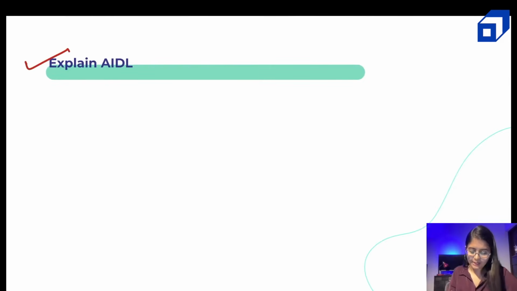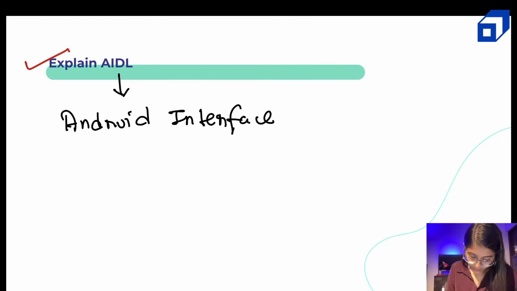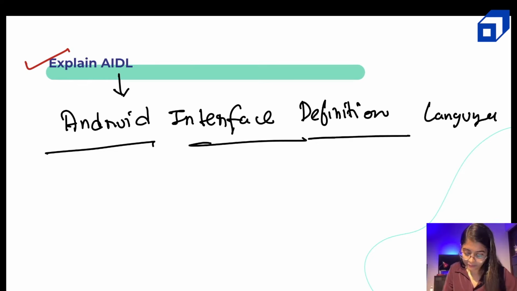Perfect. Explain AIDL. It is important. First of all you should know the full form. The full form is Android Interface Definition Language.